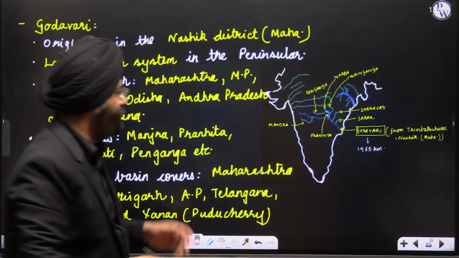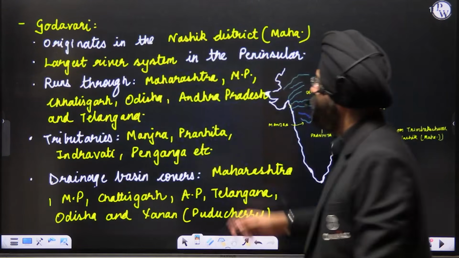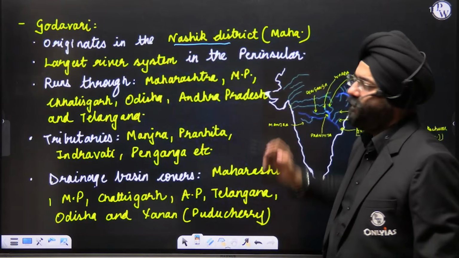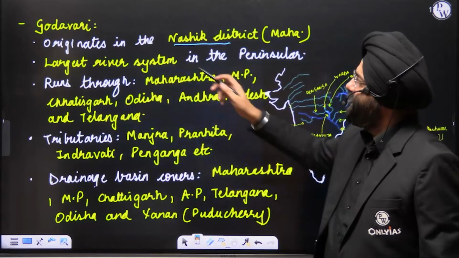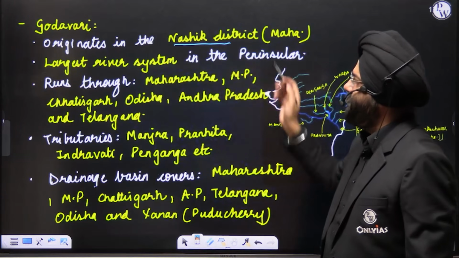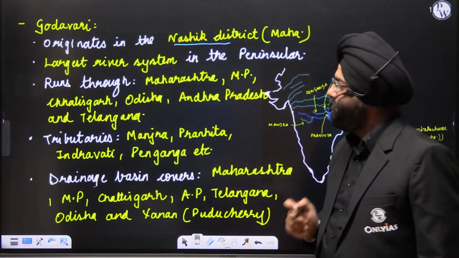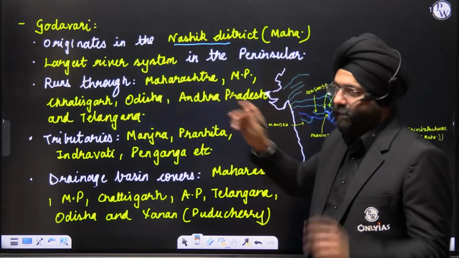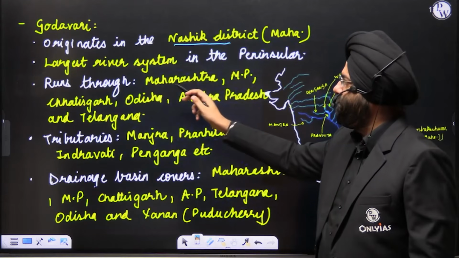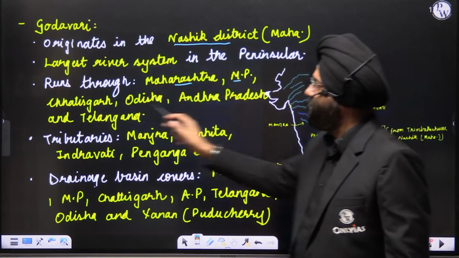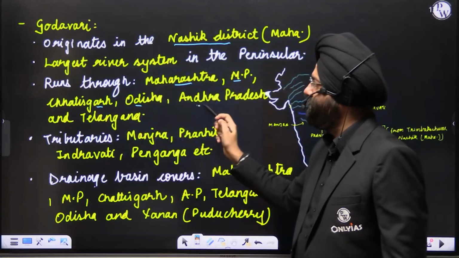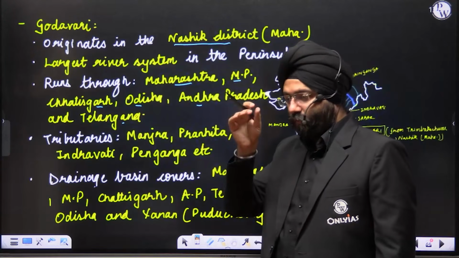Let's analyze certain dimensions associated with that. Godavari originates in the Nashik district, Trimbakeshwar, as we had studied. Largest river system in the peninsula. So it is the largest river, that is why it is very important also. The river Godavari runs through the states of Maharashtra, Madhya Pradesh, Chhattisgarh, Odisha, Andhra Pradesh and Telangana.